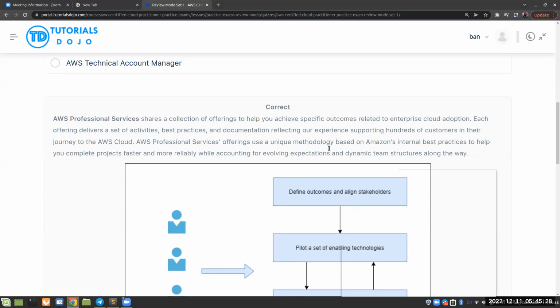They use a unique methodology based on Amazon's internal best practice to help you complete projects faster and more reliably while accounting for evolving expectations and dynamic team structures along the way. So AWS Professional Services uses Amazon's internal best practices. It's not available in public, to help you complete your project faster.